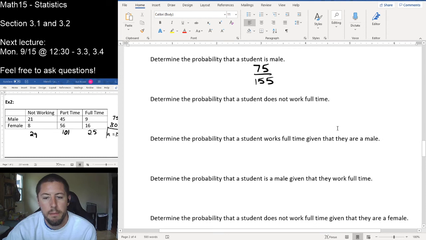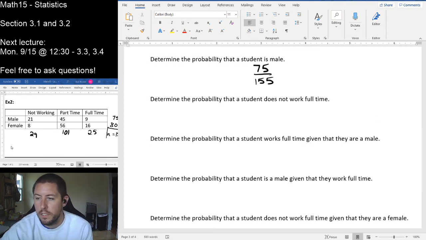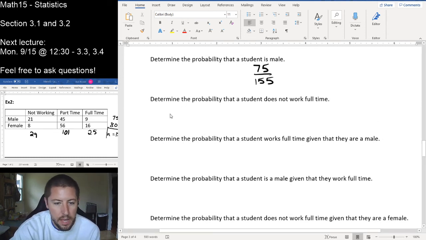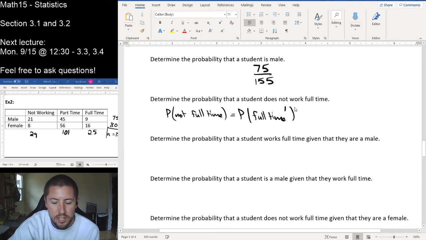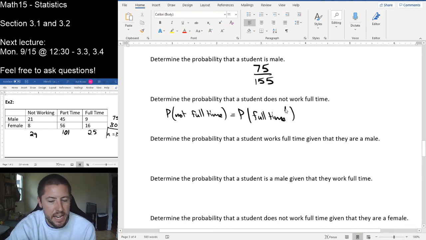We can determine the probability that a student does not work full time. And notice here, probability of not full time. I might also notate this as something like full time with an apostrophe. This is probably bad notation, but I'm putting that apostrophe there to indicate the complement. This is the not full time.